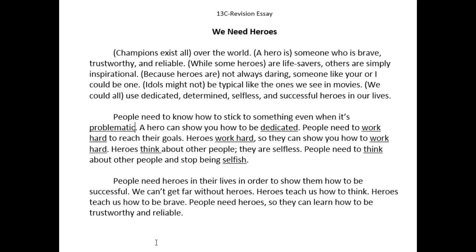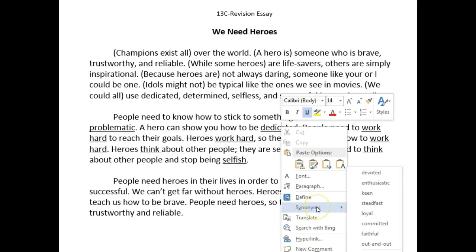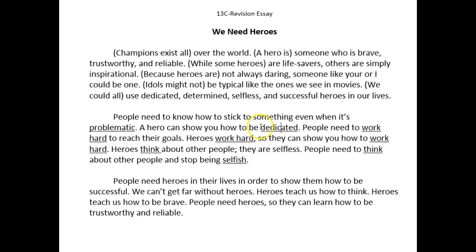For dedicated, I could take a look at my synonym helper and change my word to something like steadfast. And for hard work, I could change them to diligence, or I could change one to diligence and the other to synonyms of diligence. I'll do that now.